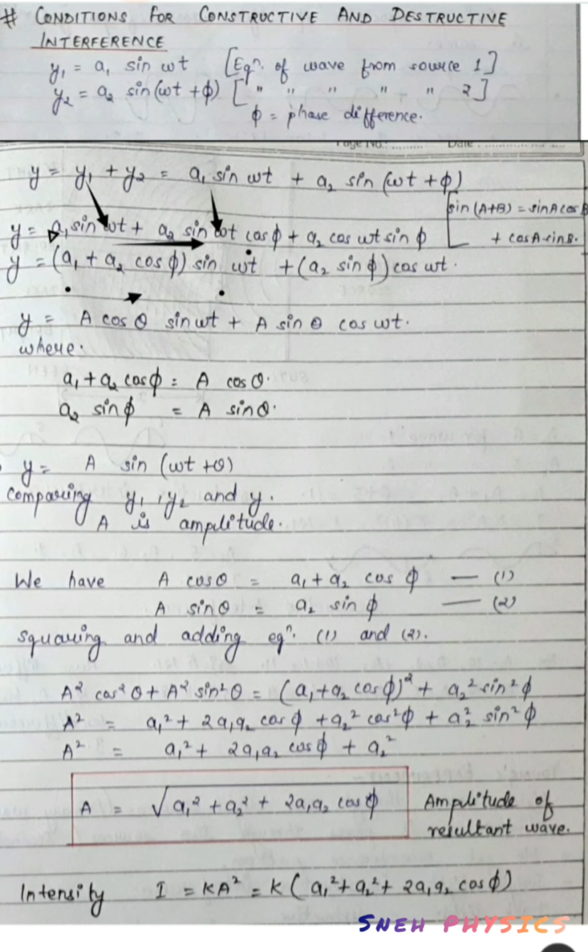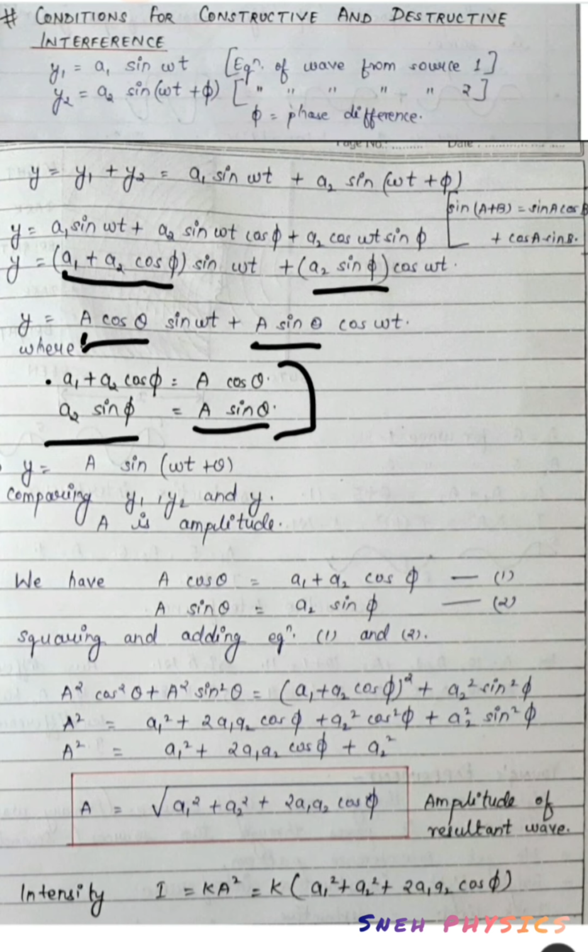From the third term we take out cos omega t, and we are left with a2 sine phi. Now we'll assume that a1 plus a2 cos phi is taken as A cos theta and a2 sine phi is taken as A sine theta. So we replace them accordingly.